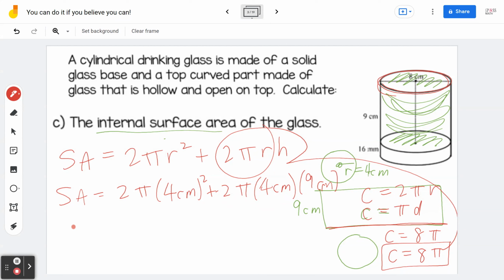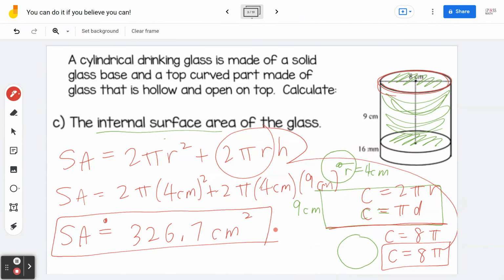I grab the calculator and work it out: 2 times pi times 4 times 4 plus 2 times pi times 4 times 9. If I round this to 1 decimal place, the surface area is going to be 326.7 centimeter square. Square because we're talking about the surface area and not the volume.